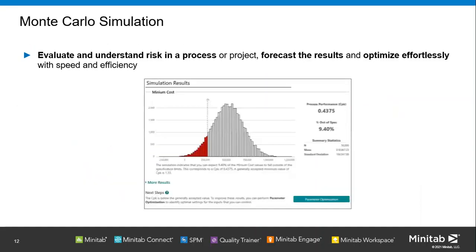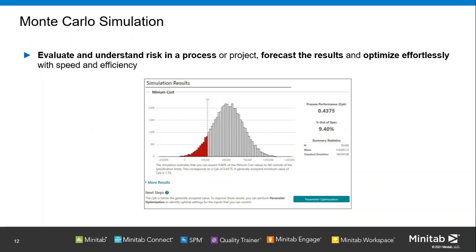And then we have another tool available in the Minitab Workspace, which we call Monte Carlo simulation. This is further analysis after you do optimization, something where you don't want to run an experiment, but you want to do the prediction. We call this a simulation.